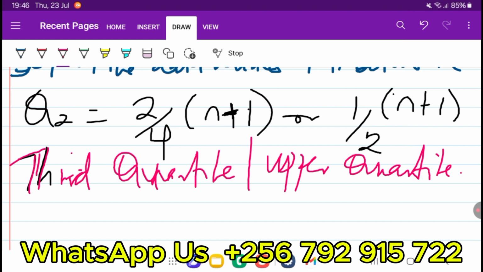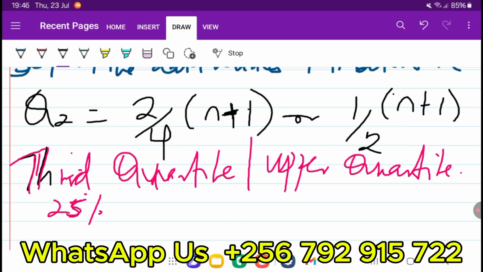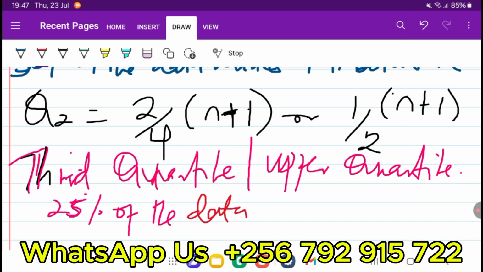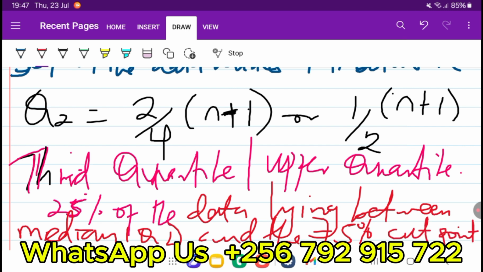Now, this third quartile, Q3, means that there are actually 25% of the data lying between the median, which is the Q2, and the 75% cut point of the data.